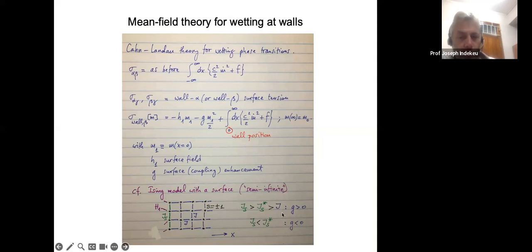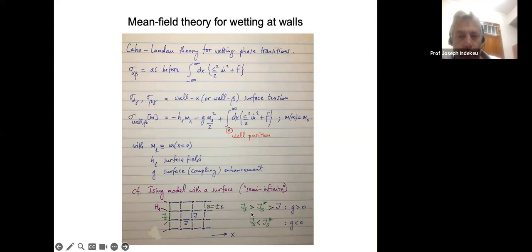Okay, this is also something that will be typically the case. So for such enhancement of the surface coupling, for such strengthening of the surface coupling, beyond this particular threshold value, which itself is already larger than the bulk coupling, the G in the Cahn-Landau theory, in the density functional theory, is positive.